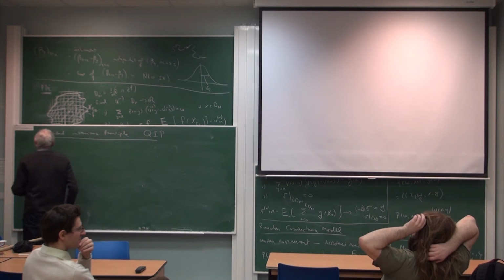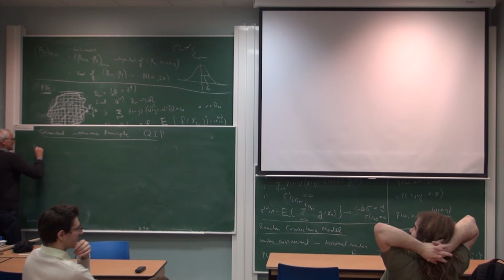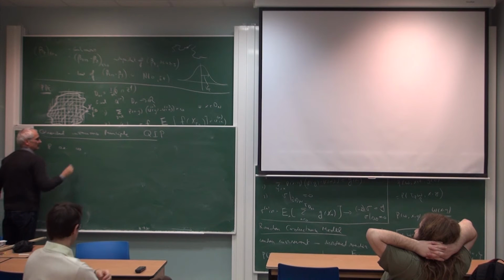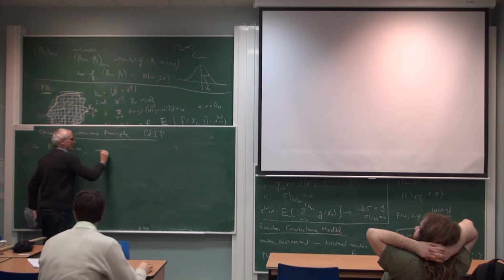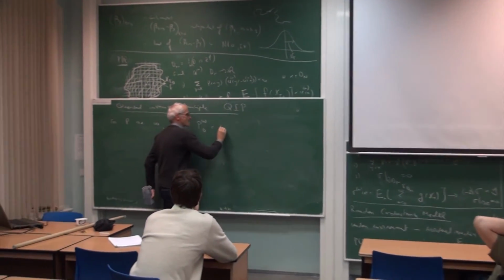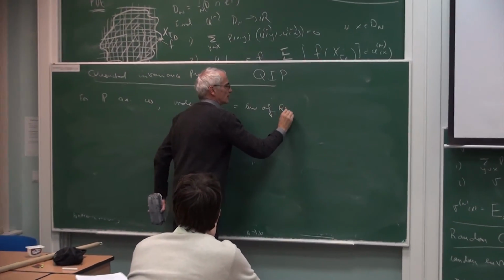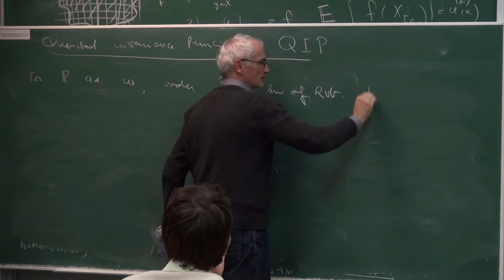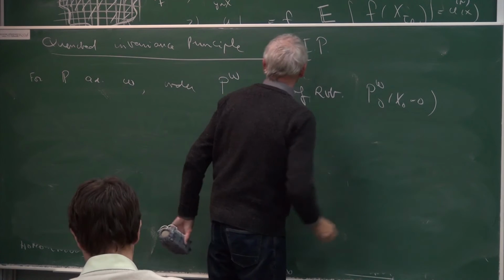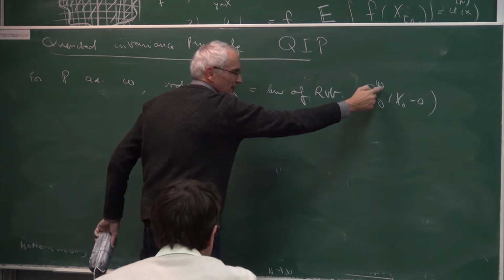So it's the following statement: for P almost all environment omega, under P omega 0. So this is the law of the random walk starting at 0. So this is the one with the environment omega.